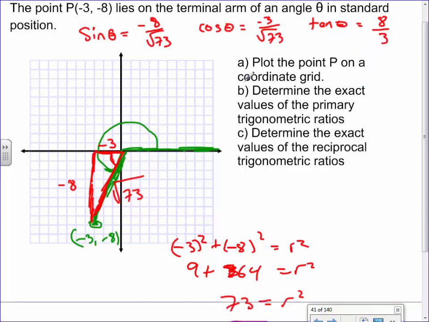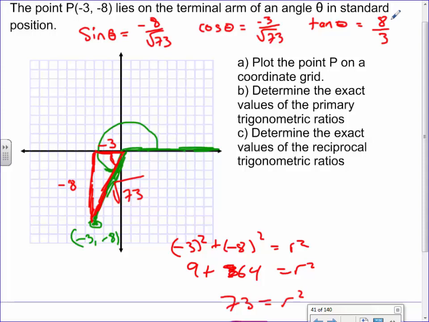I know they were both negatives listed right here. Can you guys understand why I didn't bother writing the negatives here, though? If you do -8 divided by -3, you don't need the negatives anymore because it's positive.